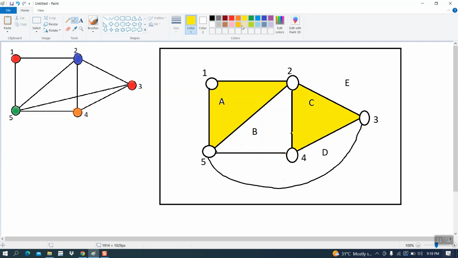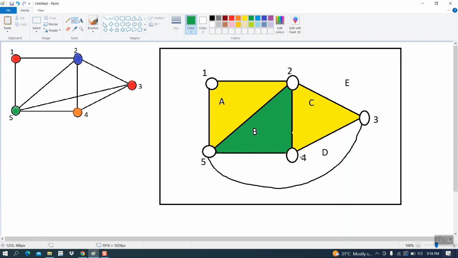Now let's get another new color. Now I'm going to apply green color to plane B. Now see, we cannot apply green color to plane D because it is sharing the boundary 5 to 4.